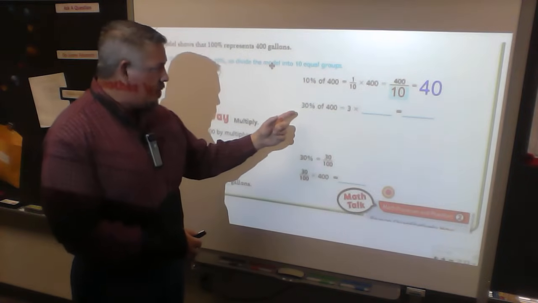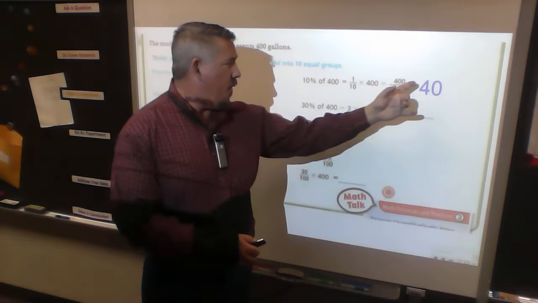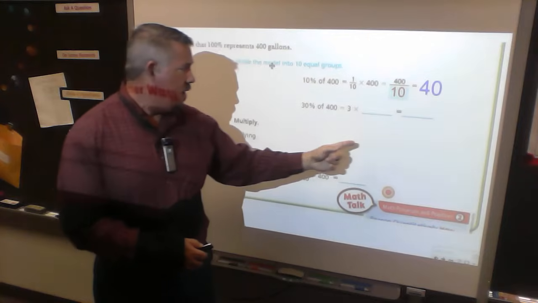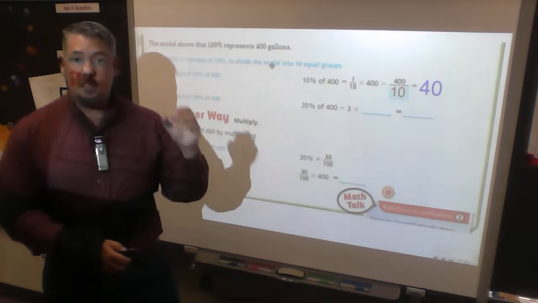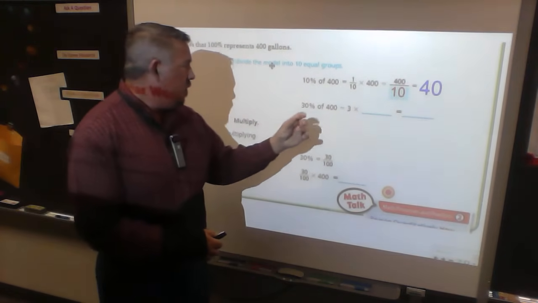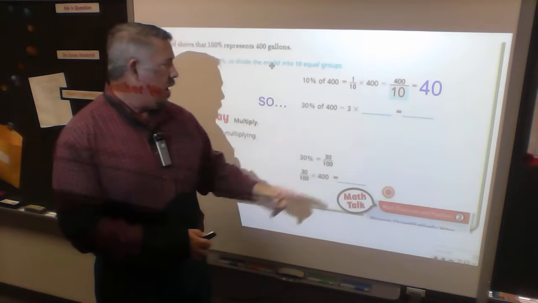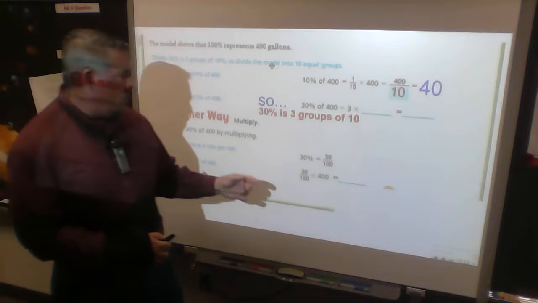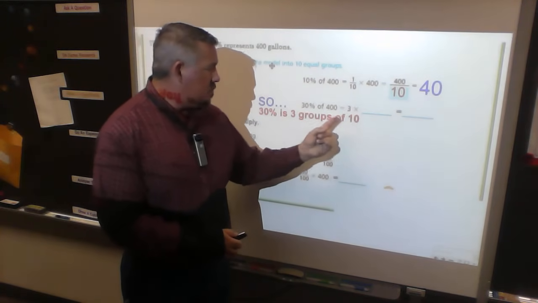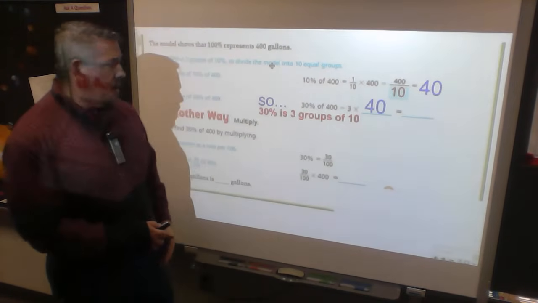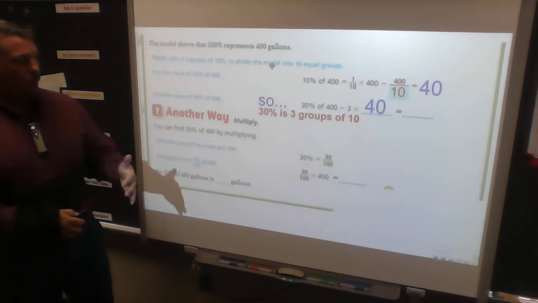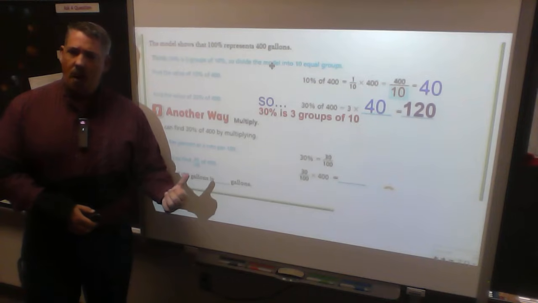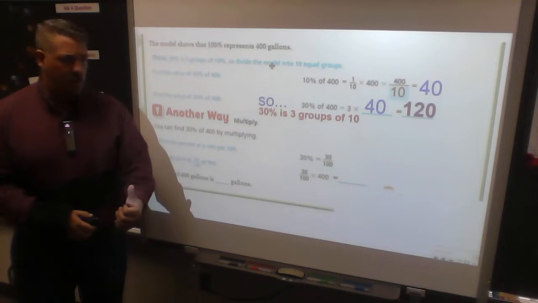If I had 30%, that would be saying, well, if 10% is 40, and this is 30, so that's 3 groups of 10%, then 3 times that 40 is going to give me what? Since I have 3 groups of the 10, 3 times 40, which is 120. Same thing we had with the boxes, right? So same answer.